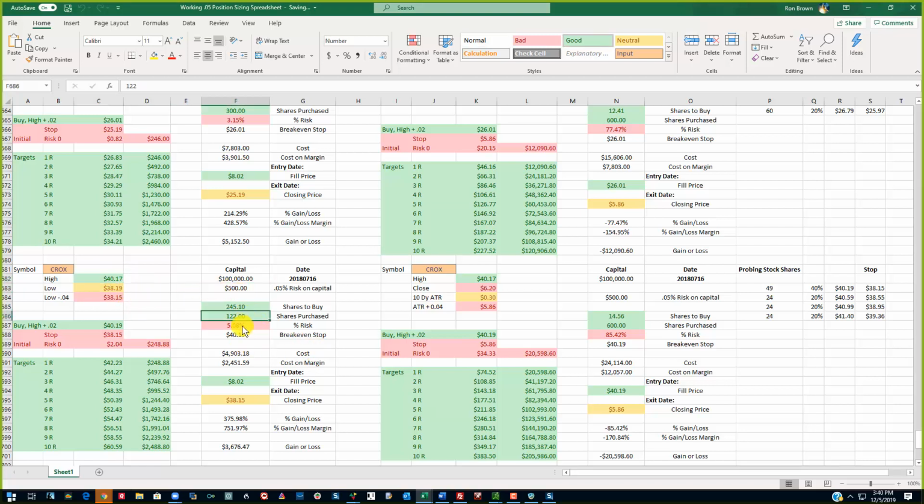No, this changed it, so now I could buy 245 shares if I wanted to risk 500, and you can see this all calculates out here. These probing shares, it would give you that amount also.